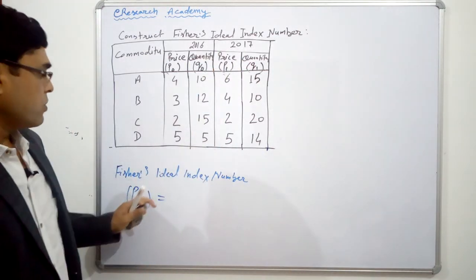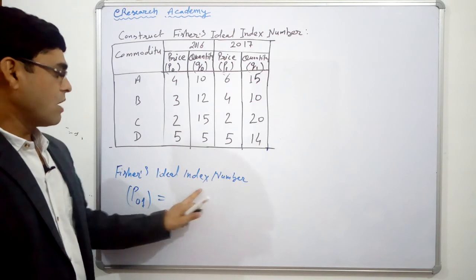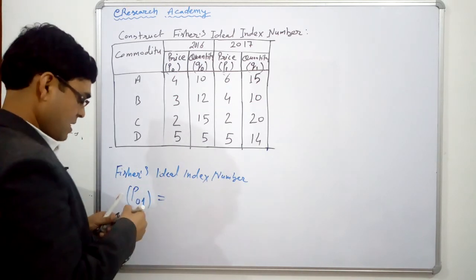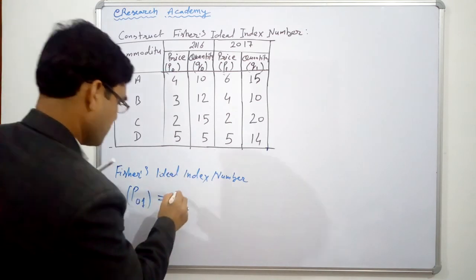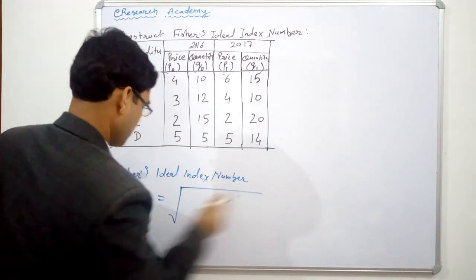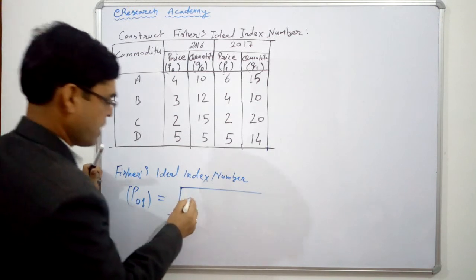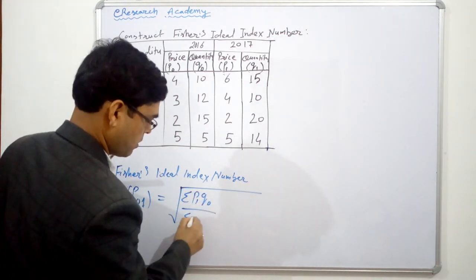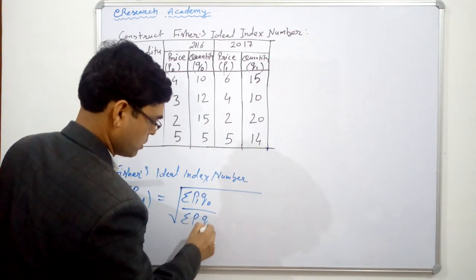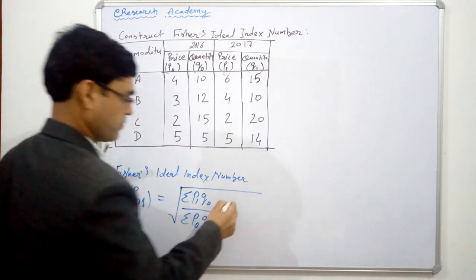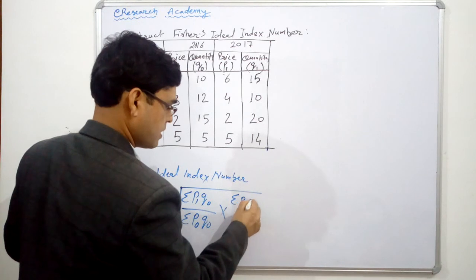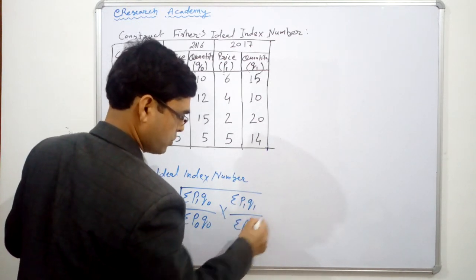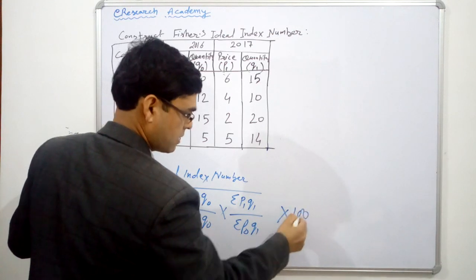If you talk about the formula of Fisher's ideal index number, P01 equals the square root of sigma P1 Q0 upon sigma P0 Q0, into sigma P1 Q1 upon sigma P0 Q1, into 100.